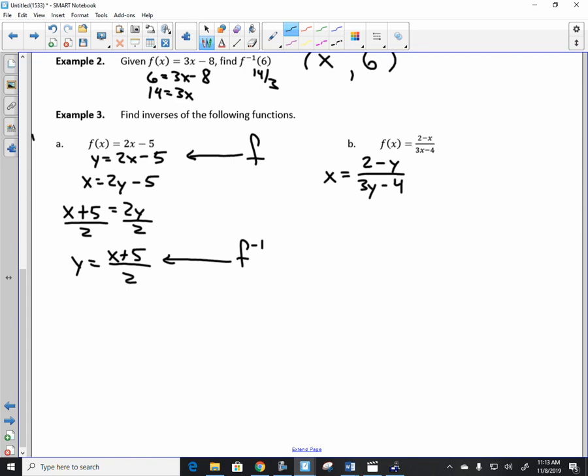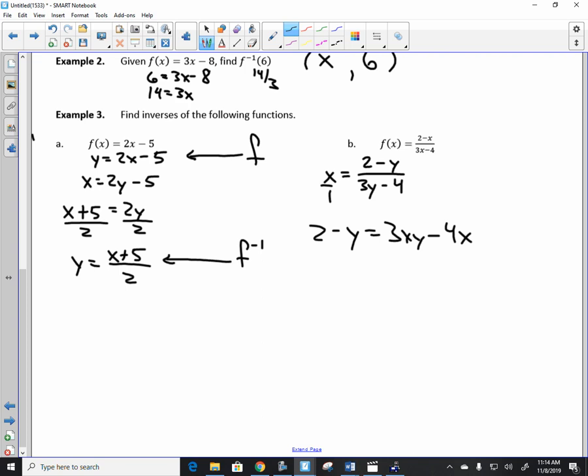Give me the first step. Cross multiply. 2 minus y is equal to 3xy minus 4x. Am I trying to solve for x or am I trying to solve for y? Trying to solve for y. So what are you going to do now to solve for y?